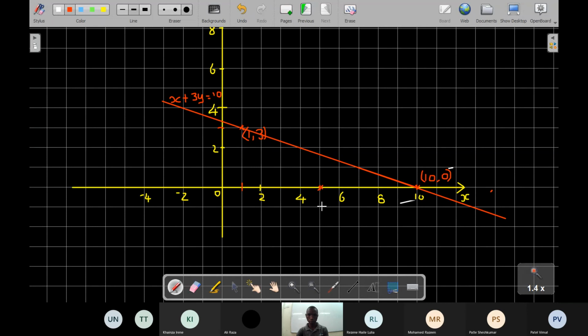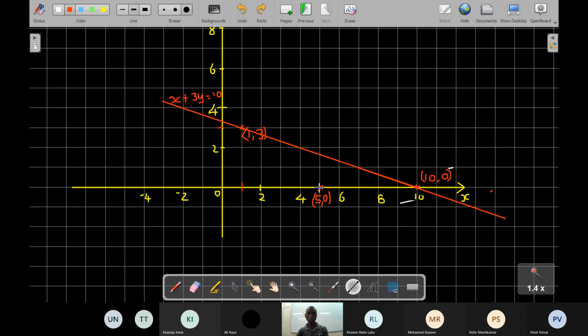I'm writing that so that you can know 5 on the horizontal and 0 on the vertical. After that, I can draw a line through these points.